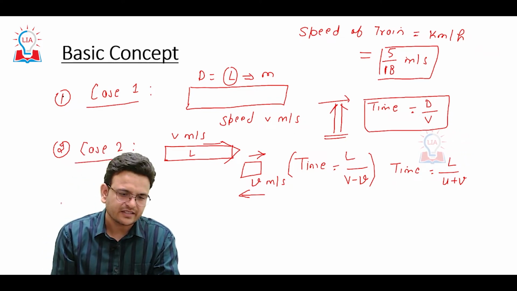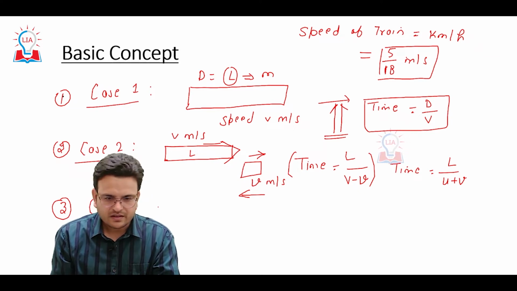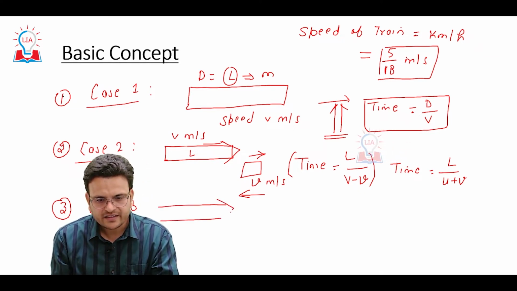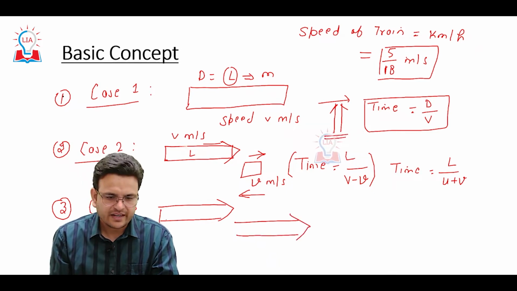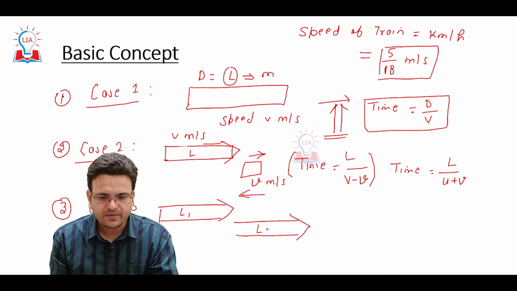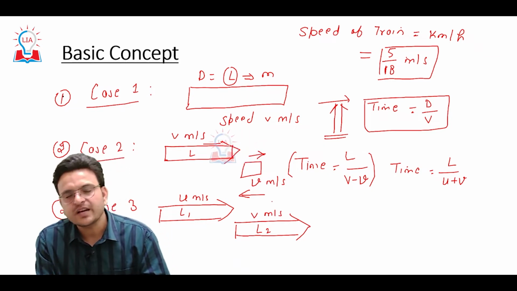And in the third case we are talking about train A and train B. Train A length is L1, train B length is L2, speeds are u meter per second and v meter per second, moving in the same direction.